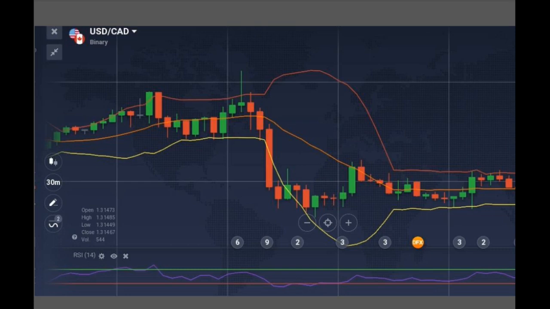Today we're going to proceed with what we have in store. The USD card is what we're going to be treating. We're going to start from today.